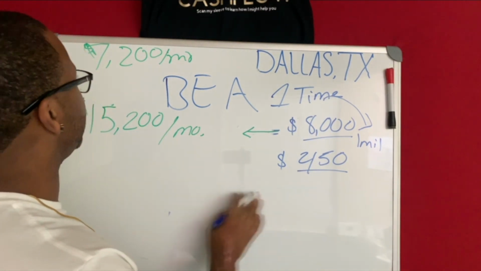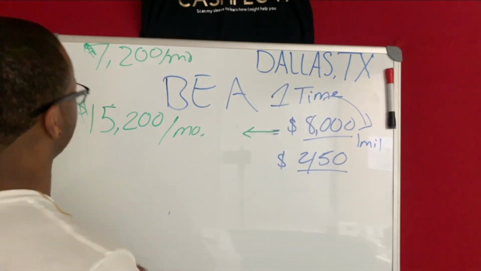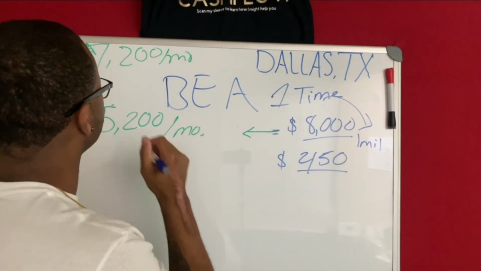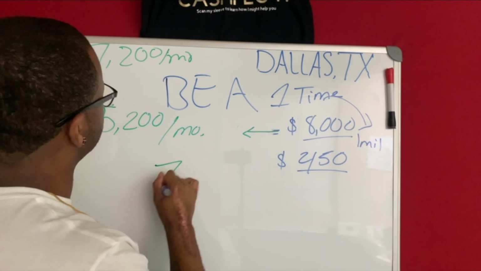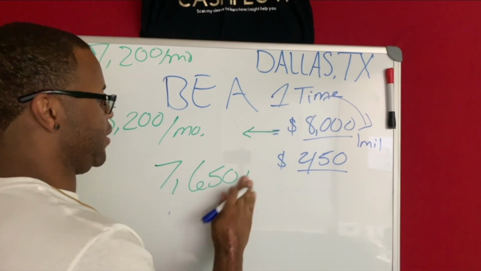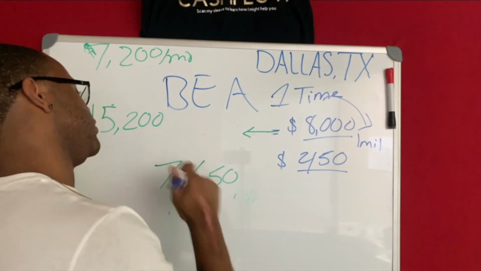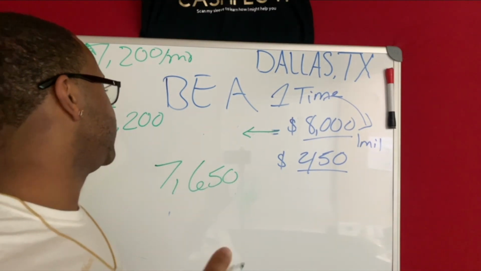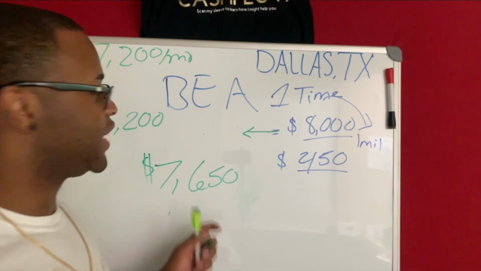Okay, and for the songs, it'll be $7,650. Not per month, just that month. So now we gotta figure out how many songs we gotta make to get to that.